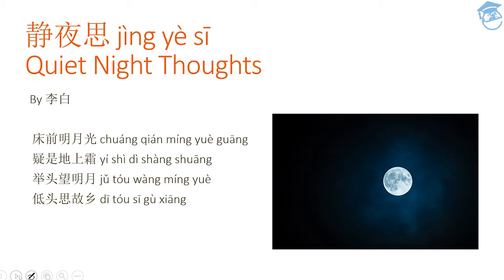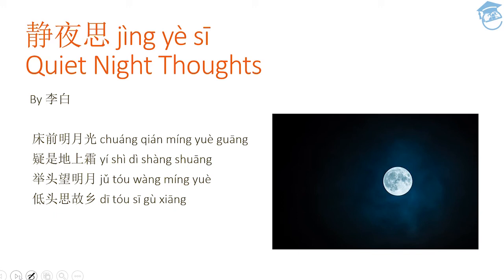So 举头望明月, you look at the moon in the sky, and then you lower your head and you think about your hometown. So it's quite melancholy and a lot of sentiment goes into this poem. So 静夜思, in a quiet night, you think about your hometown.